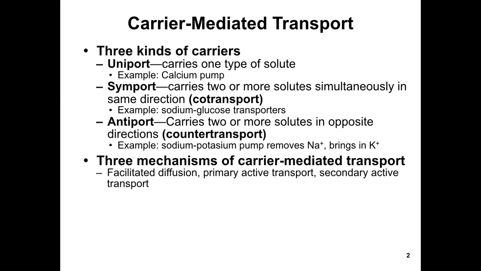This is a type of transport called carrier-mediated transport. So that means whenever you have a special protein, that protein is the carrier, and it is what mediates, what allows whatever it is that's being allowed across to get across.